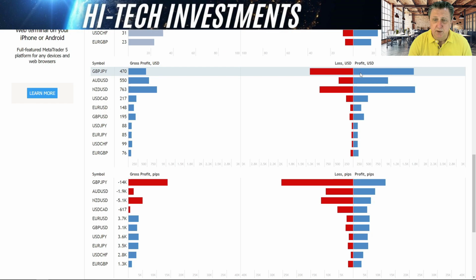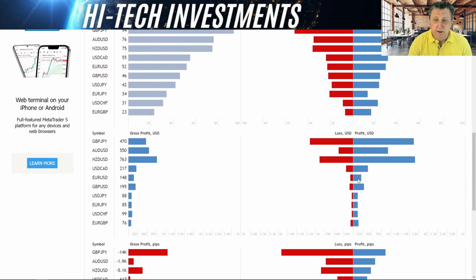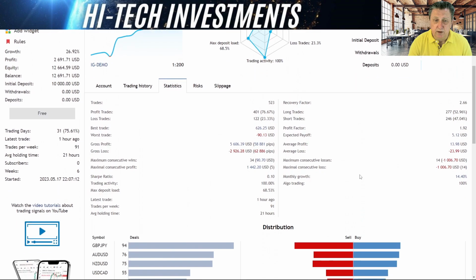You'll see a couple of the ones are quite high, so you will have high losses, but you also have high profits in here, and that pretty much goes for the British pound, Japanese, the Aussie USD, and the New Zealand USD so far. The rest of them are a fair bit lower, and then you have the same thing, but instead of US dollars you now have it in pips at the end of the day. So another way of looking at it.